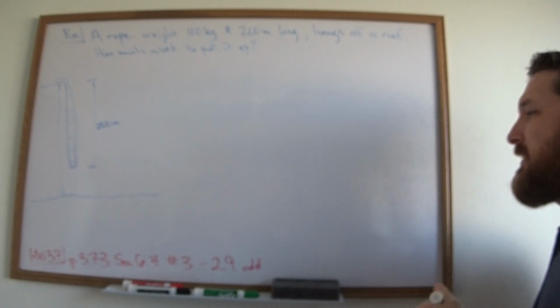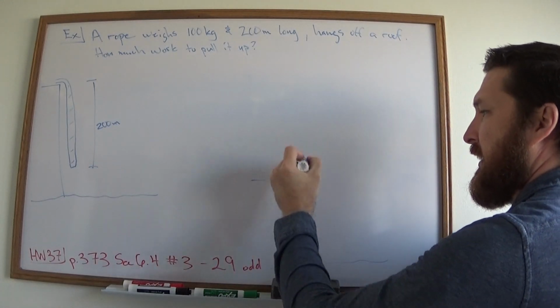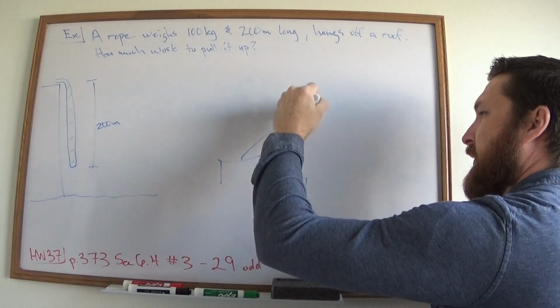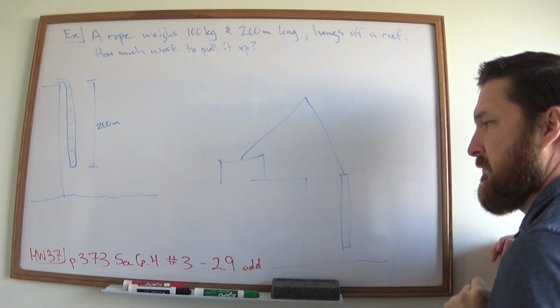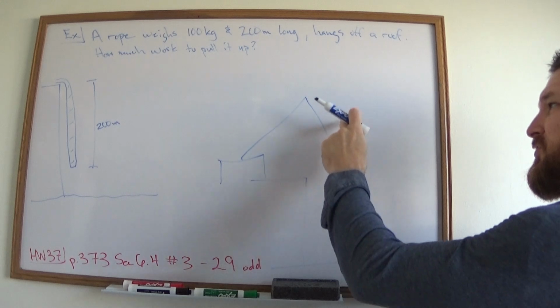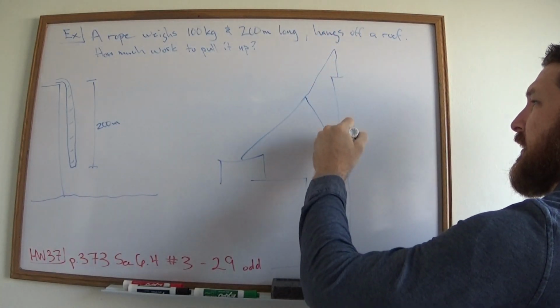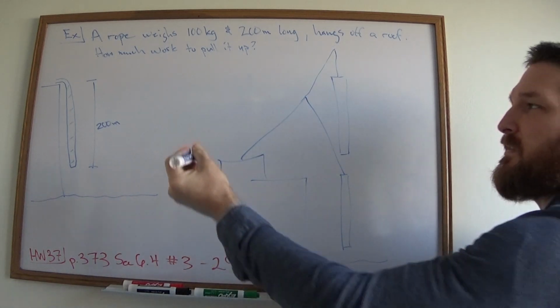Now, here's the thing. If I were to just take this rope and I had a crane or something with a big old arm, and we took the rope straight down and I just lifted it straight up, exactly 200 meters, well then it would be exactly the same thing, right?